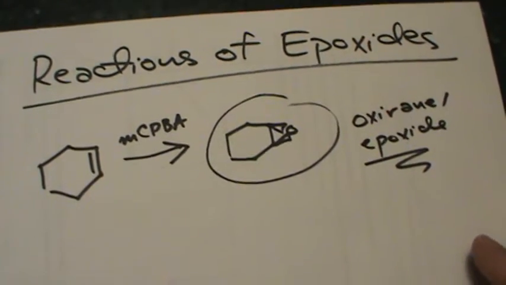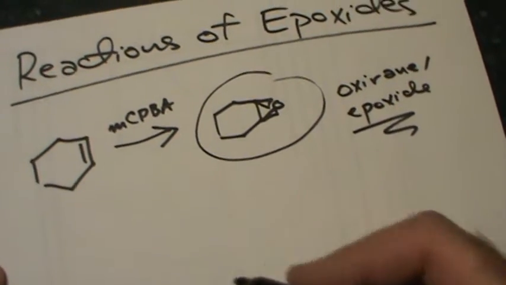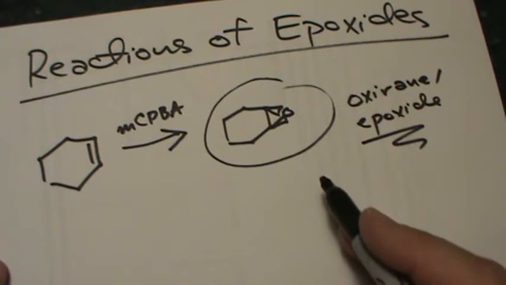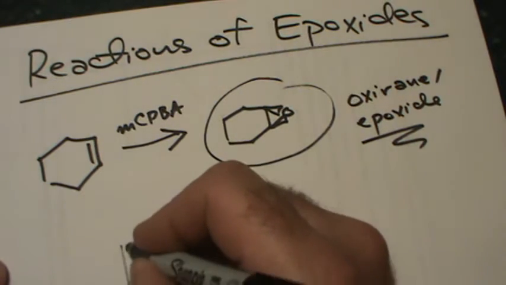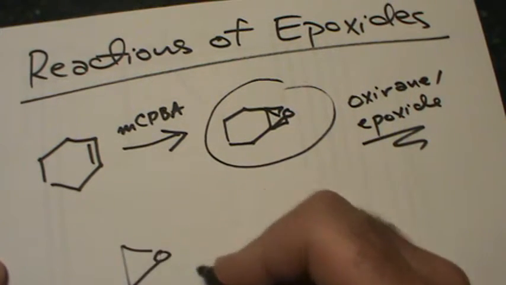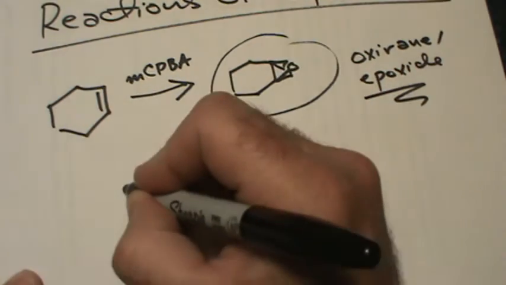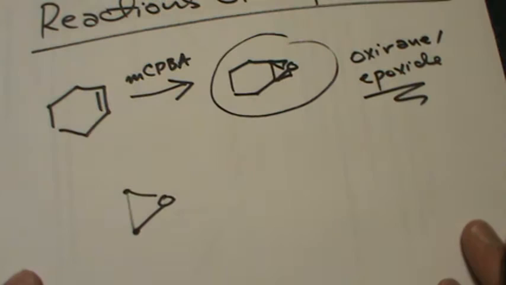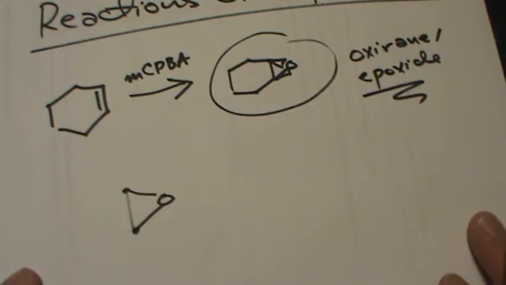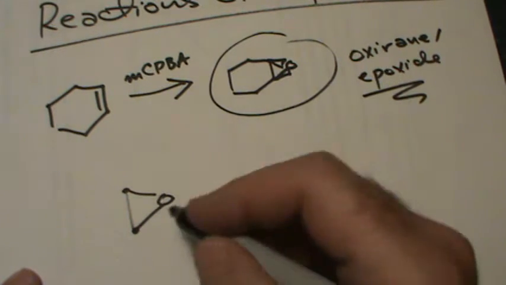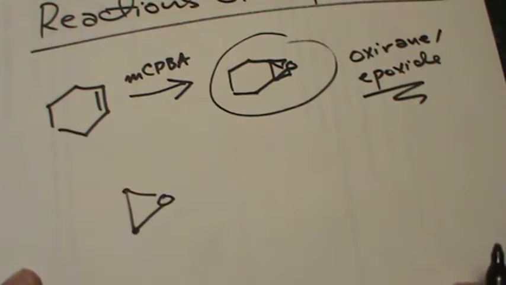So here we go. Why is it that the oxirane, or the epoxide, is so reactive? Well, it has to do with the fact that we're talking about three-membered rings here. And the idealized bond angles at these sp3 hybridized carbons would be close to 109.5. But of course, in a three-membered ring, that's just not going to be possible.